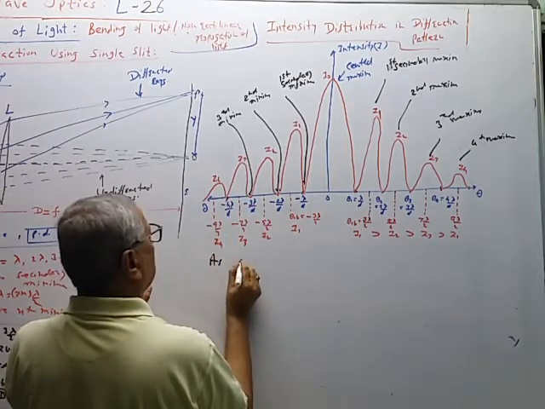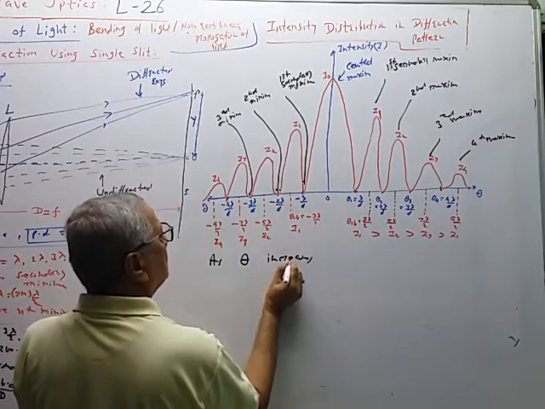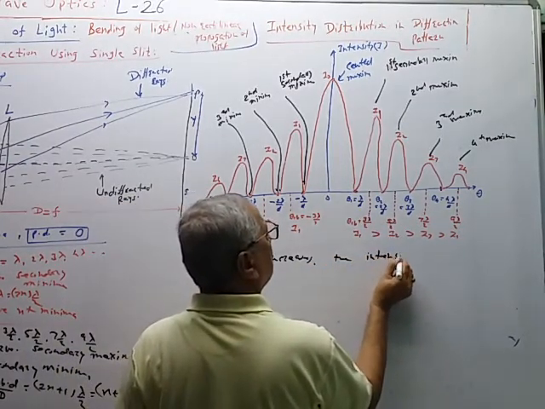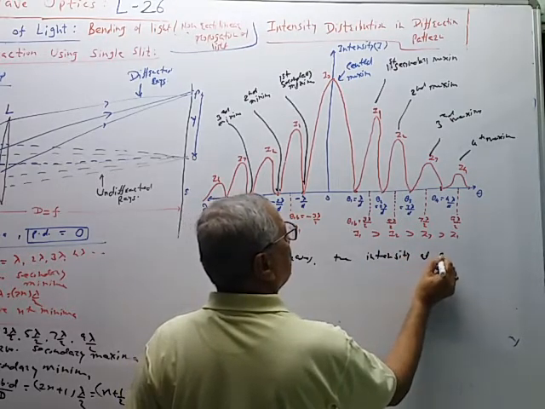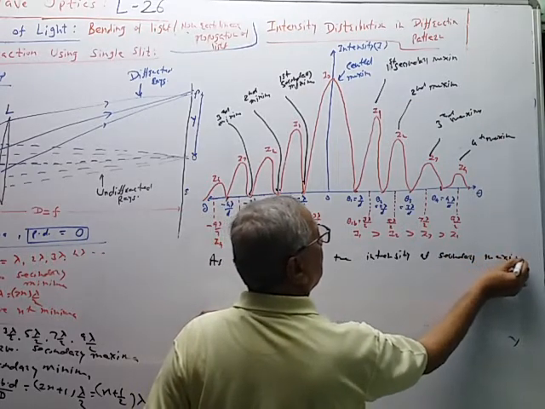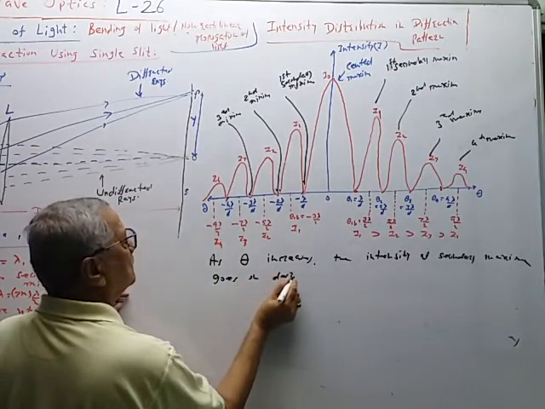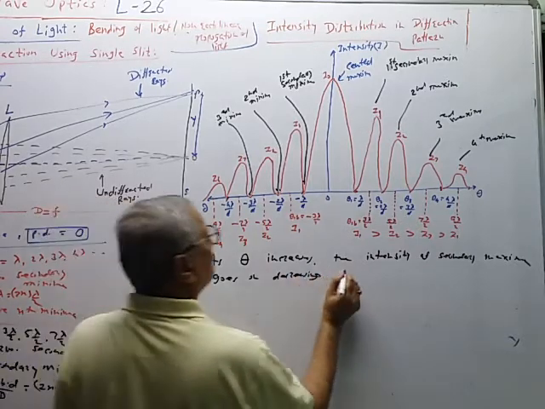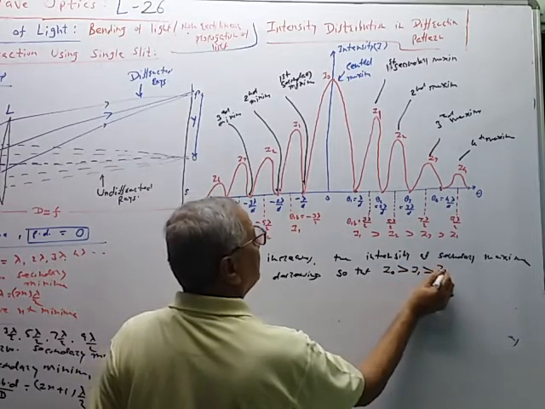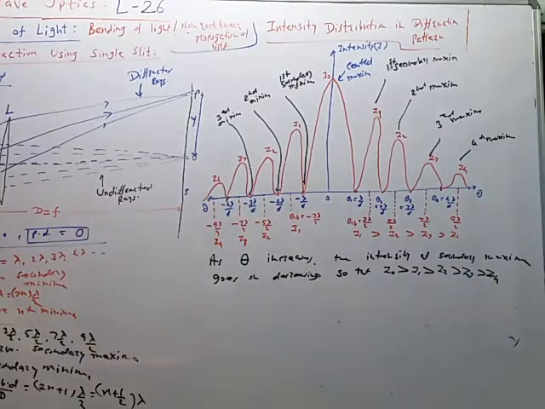As angle theta increases, the intensity at secondary maximum goes on decreasing, so that I0 is greater than I1, is greater than I2, is greater than I3, is greater than I4, like this.